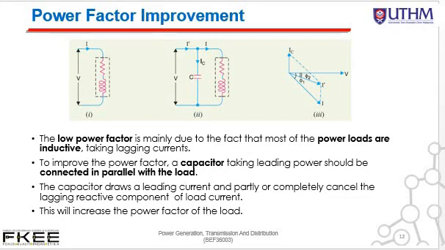In general, most power loads are inductive, or in other words, they consume lagging current. The equivalent model for such a network is as given by the RL load in figure 1. So we have a resistor in series with an inductor. The power factor of the load can be increased by adding a capacitor in parallel with the load, as if we are adding another branch with the capacitor in parallel with the existing load.